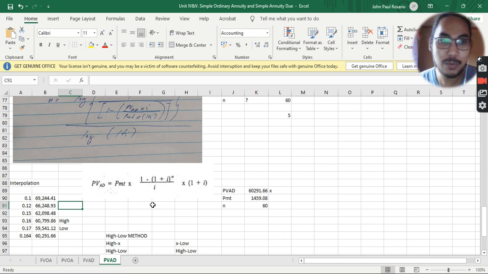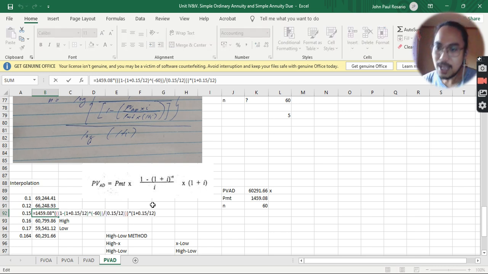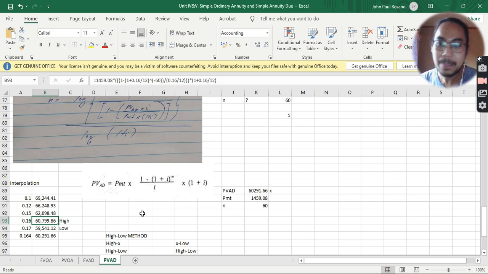So from 0.12, I went directly to 0.15. Using 0.15, we get 62,098, we're getting close. So let's just increase it by 1%.